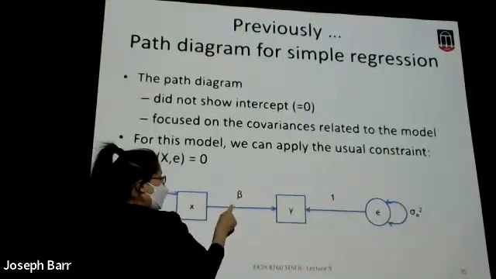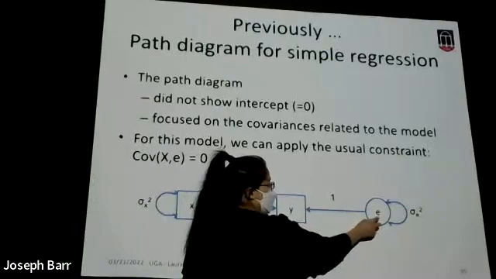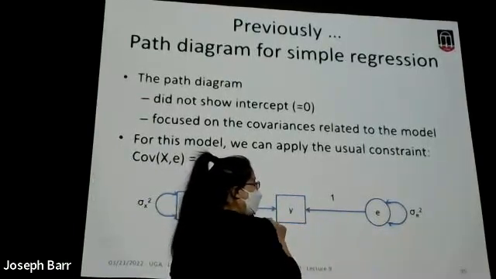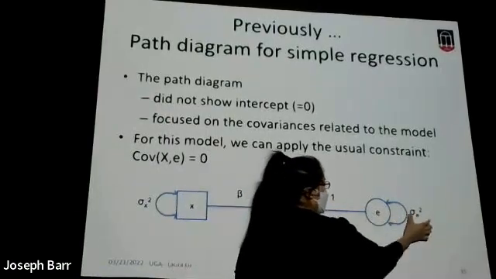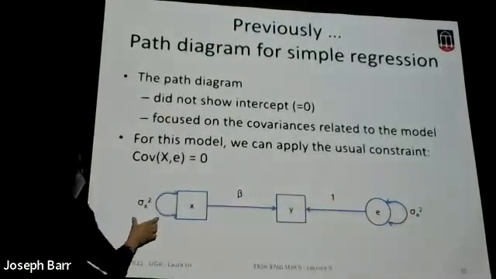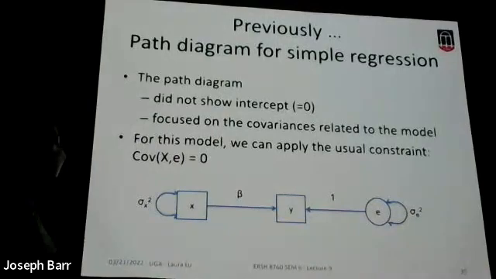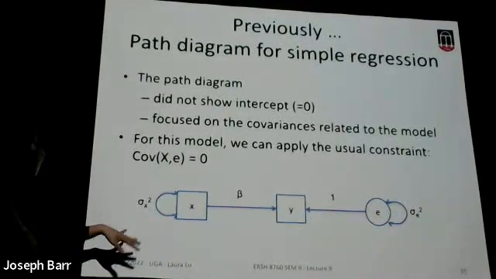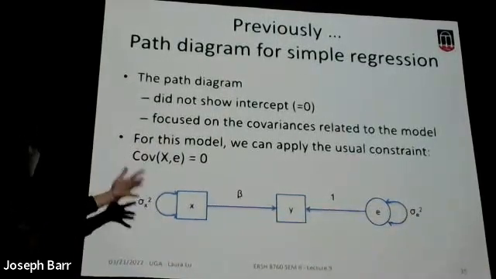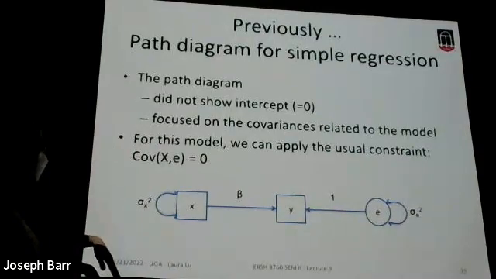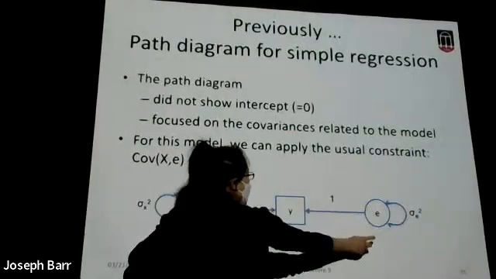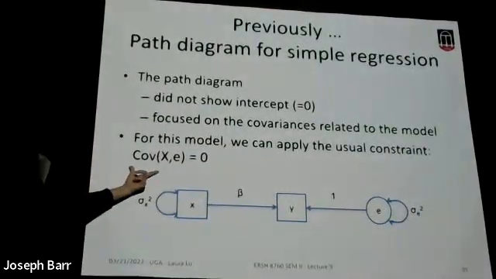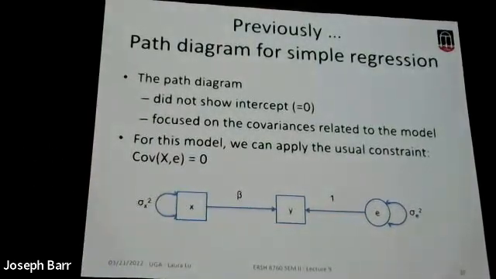The residual from e to y has a coefficient always fixed at 1. And we have the variance of residual and the variance of x. So this is our previous path diagram without considering the mean part. Of course we have the assumption that the independent variable x and the residual e are independent, with no covariance between them.